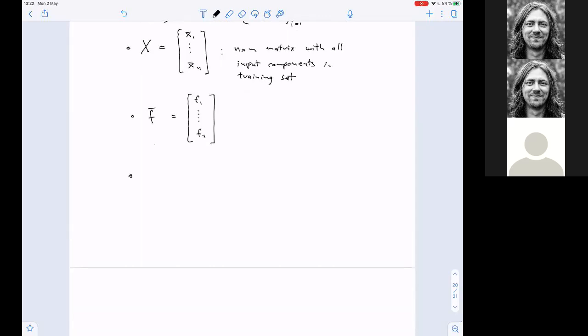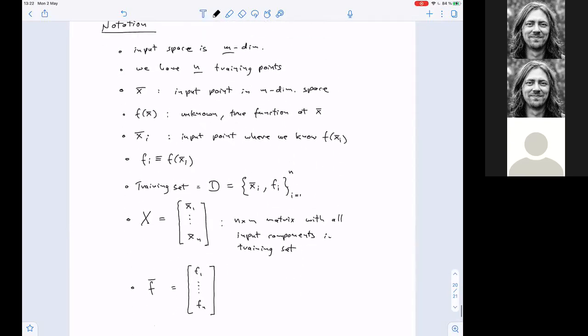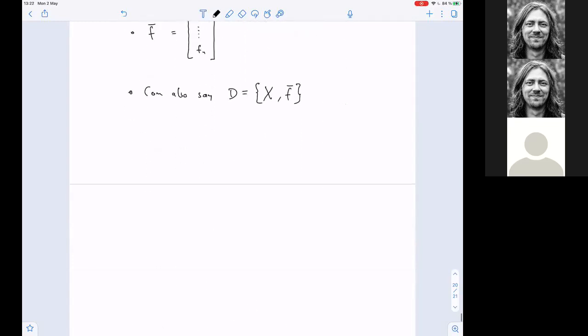So we can also say that our total training set is just this capital X matrix and the f bar vector. And so these were all the training points and notation for that. Then we want to estimate the function value at some new input point, and this new input point we will denote by x vector star.